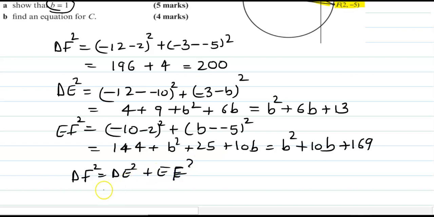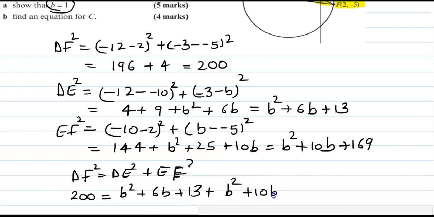What is DF? DF is 200. DF square is DE square, b square plus 6b plus 13, and EF square is b square plus 10b plus 169.